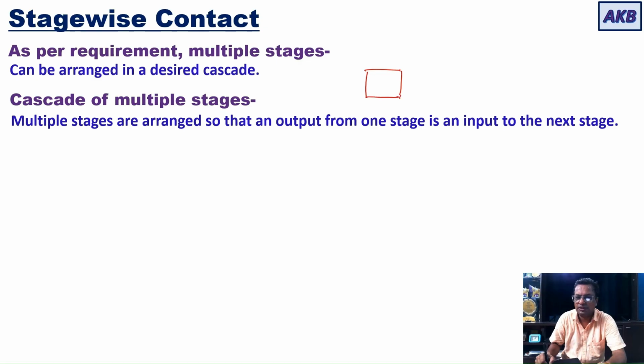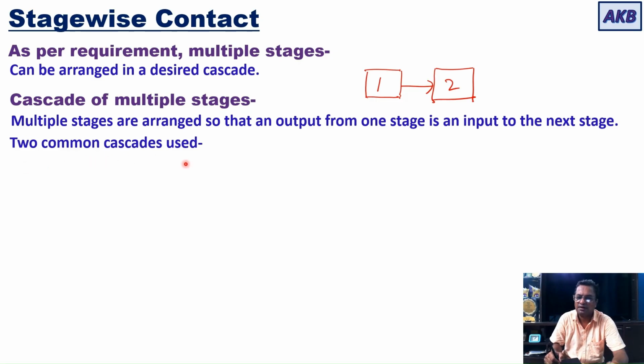Let us say this is stage number 1; output from stage number 1 serves as input to stage number 2. When you have this arrangement, we say that there is a cascade of multiple stages.